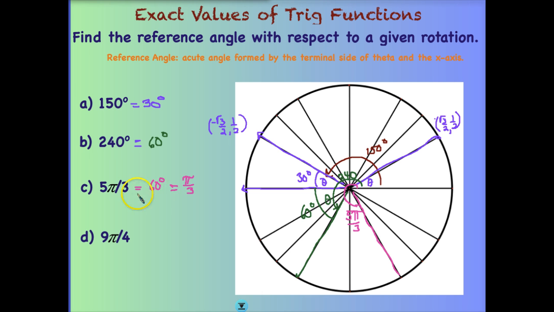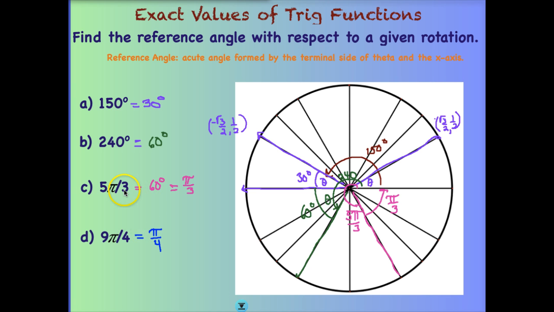These are actually easier because all you have to do is look at the denominator and think of the denominator, pi over 3. What angle does that represent? That represents a 60-degree angle. I have drawn in the rotation, 5 pi over 3, to here. The distance from this terminal side to the closest x-axis is 60 degrees, or pi over 3.